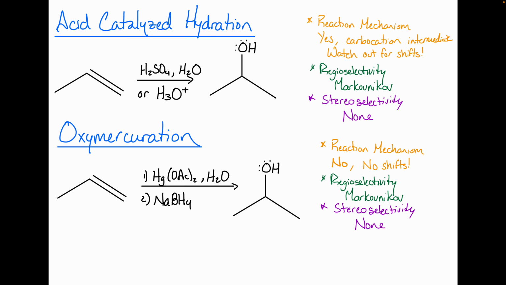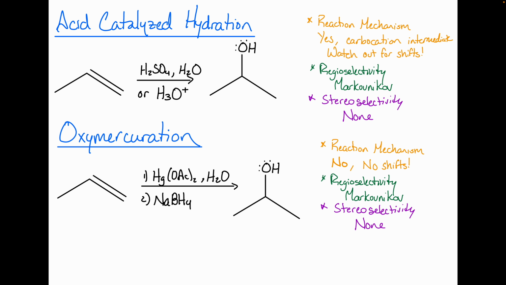All right, in terms of just practicality, we got a boatload of acid. You can get a gallon of sulfuric acid for pretty cheap. This mercuric acetate here, sodium borohydride, all of a sudden you're spending a little bit more, right? But the perks being you don't have to worry about those harsh conditions that lead to those shifts. You'll always just get that simple Markovnikov product.